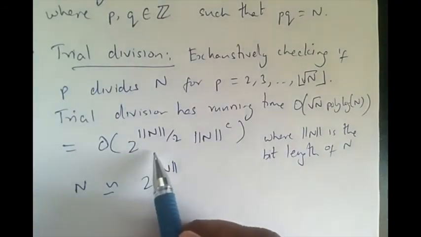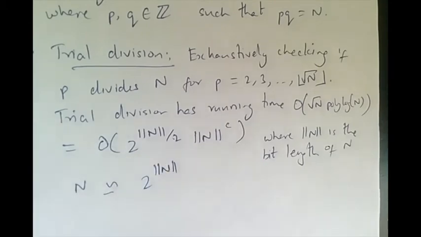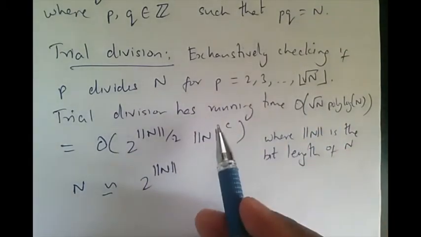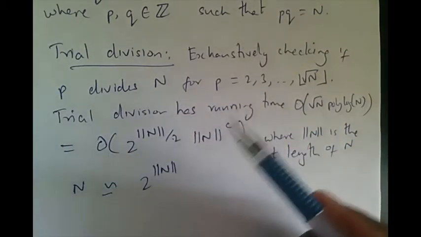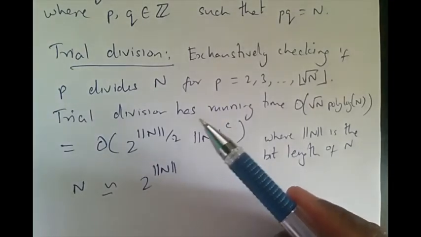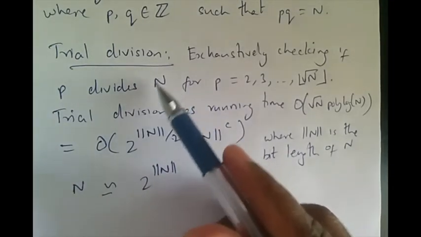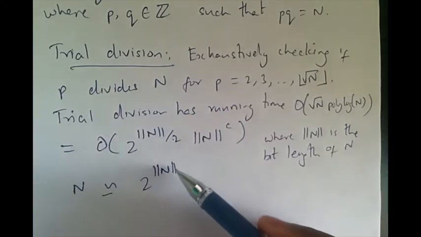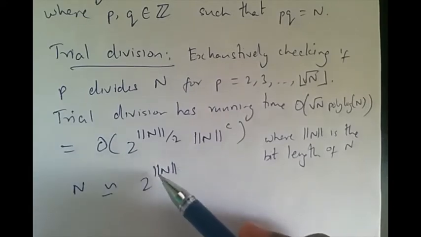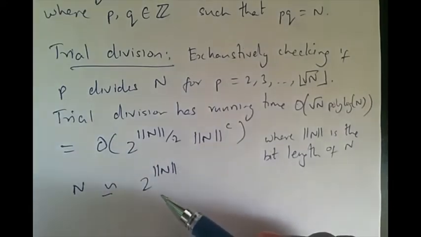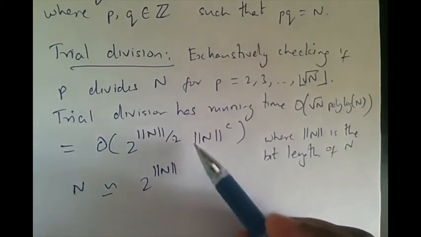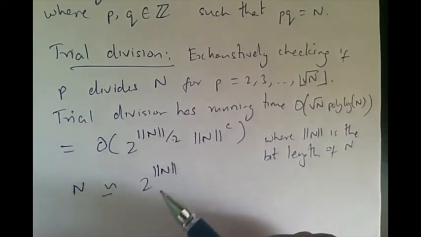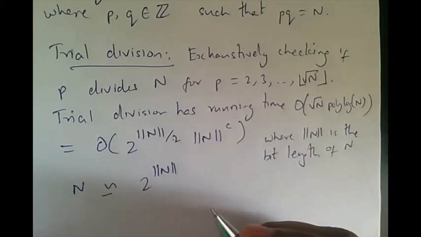So note that trial division is exponential in the bit length of n. The input to the trial division algorithm is the integer n, and if we represent n as a binary string, the length of that string is precisely this double bar n. So the running time in the worst case is exponential in the input length, and trial division is not a polynomial time algorithm.